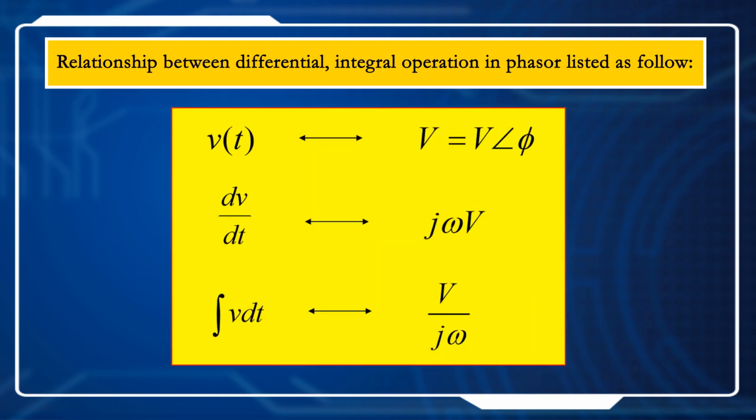If the sinusoid is v(t) and the corresponding phasor is V, then the derivative of v(t) corresponds to j omega V, and the integral of v(t) corresponds to V over j omega. So you can find the calculation with phasors is quite easier with respect to the time domain or the sinusoid value. This is the end of this section.